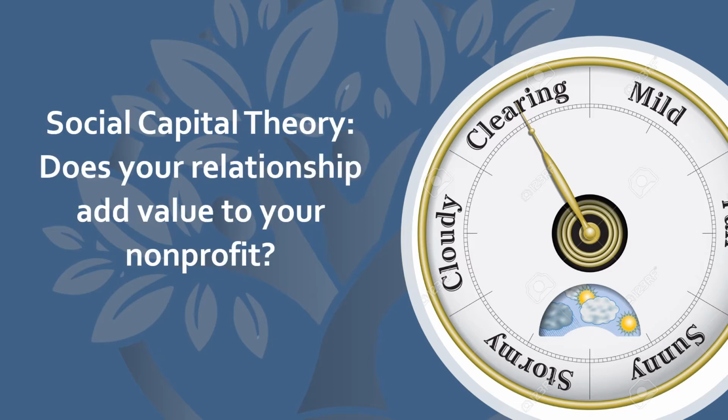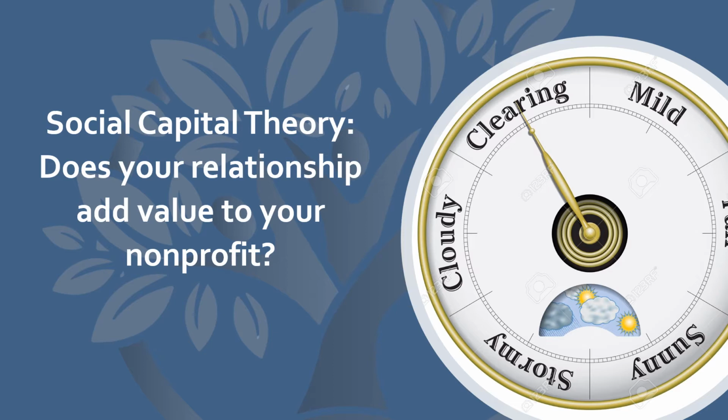There is something called social capital theory, which generally means the factors that allow social groups, including those within organizations, to function effectively. Those factors include interpersonal relationships and a shared sense of identity, understanding, trust, and cooperation.